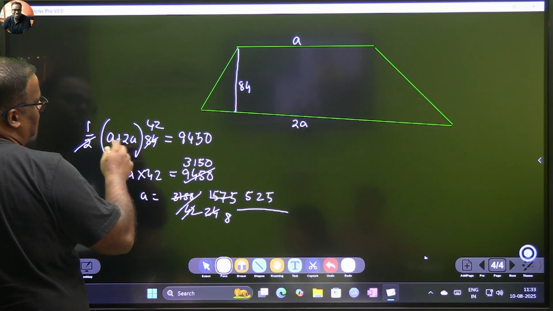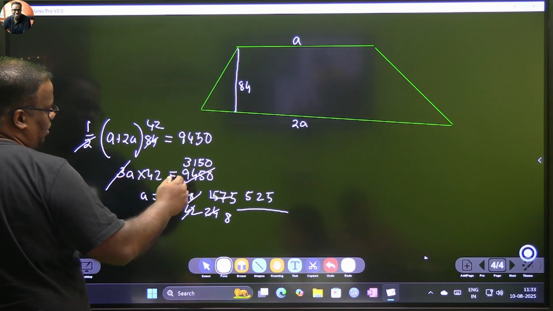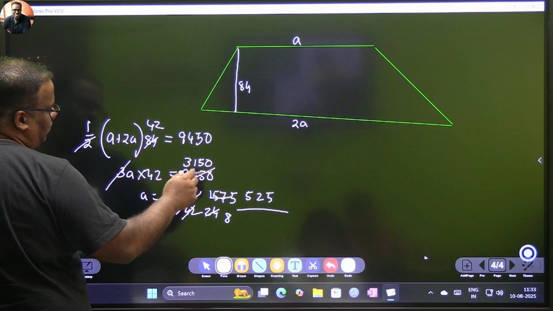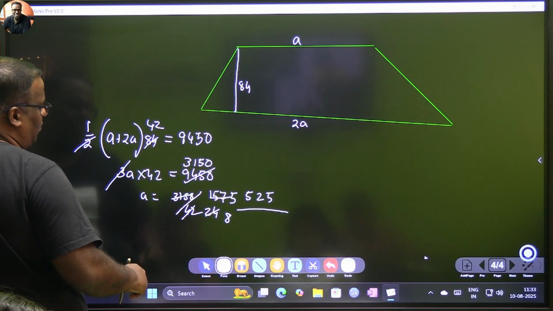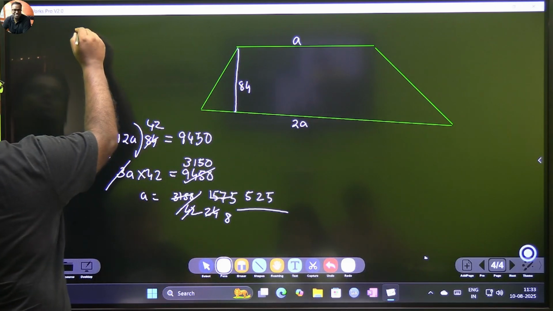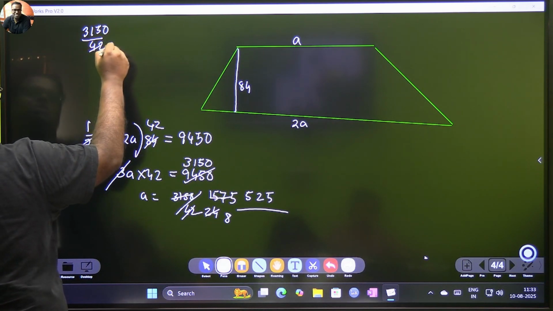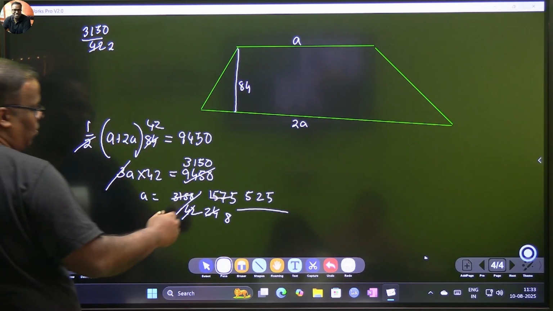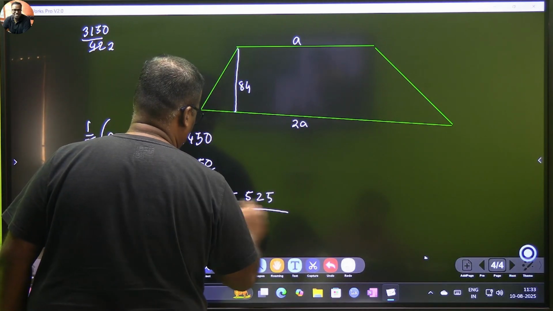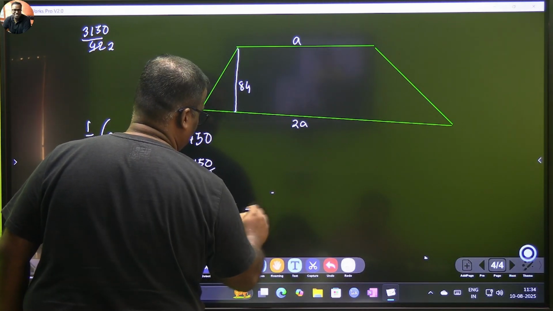Then this is 3A into 42. 3 3s are 9, 3 1s are 3, 115, 3 5s are 0. So 3150 divided by 42. So this will be 21. Yeah, I made a mistake. That's why this is coming out nonsense. I did a mistake here.